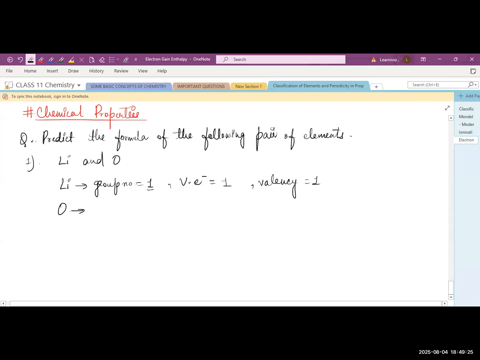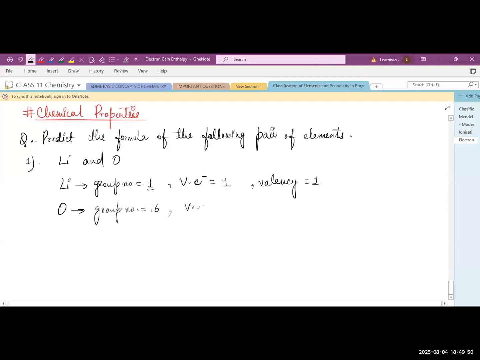Right, now see for oxygen. Now just tell me, oxygen belongs to which group? You should know this. The chalcogens, the 16th one. Yes, it's the 16th group. So the group number is 16.